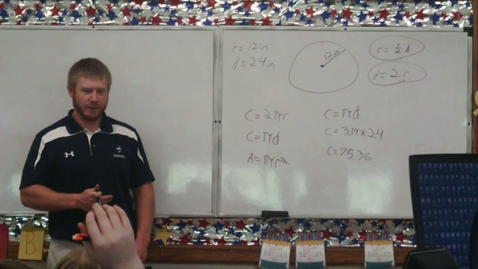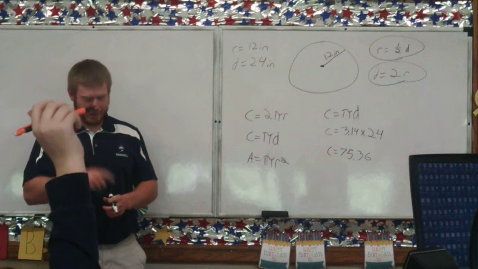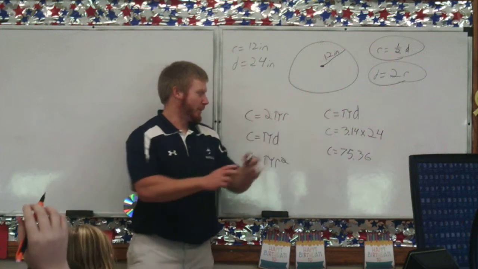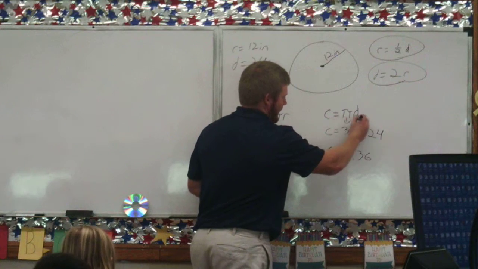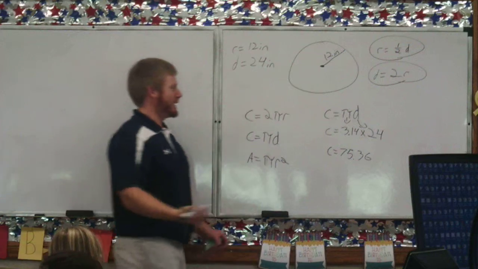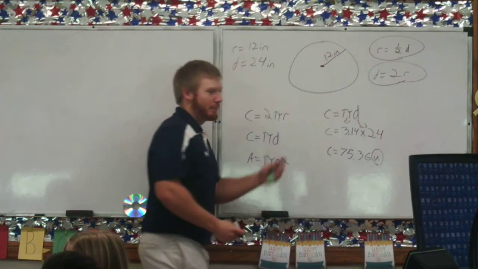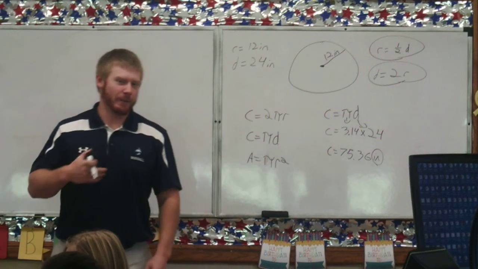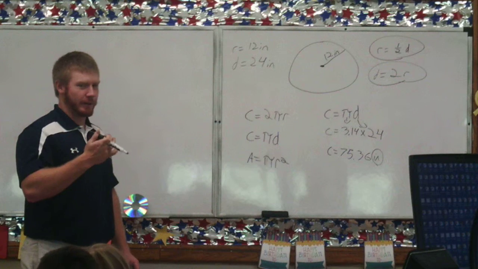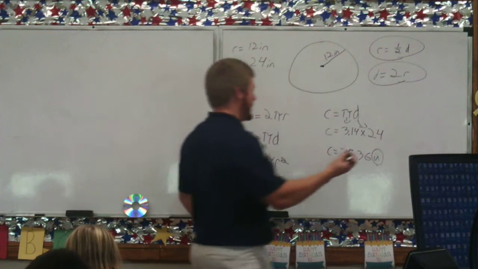We already figured out what pi was, 3.14. Inches, right? We always have to put our units, guys. So if we're doing just circumference, it's just inches, right? But if we do the area of something, what is it? Inches squared, right?